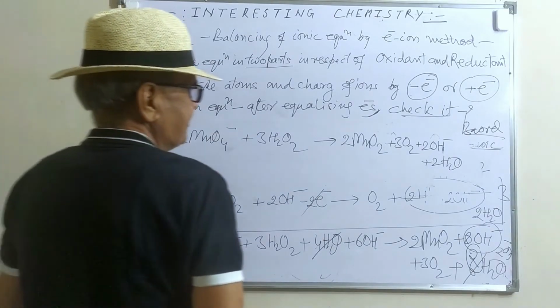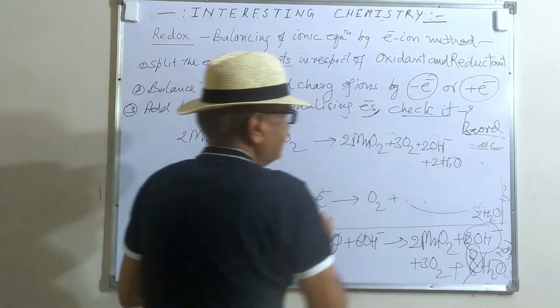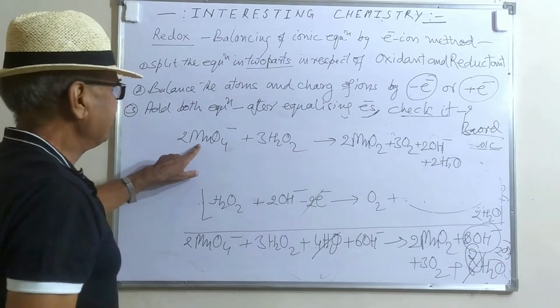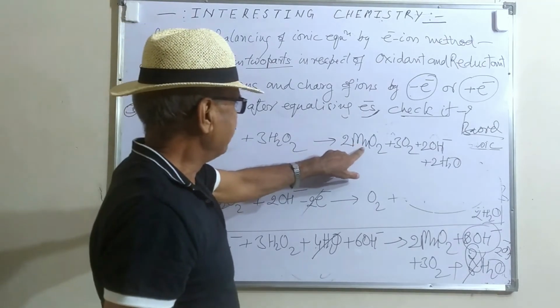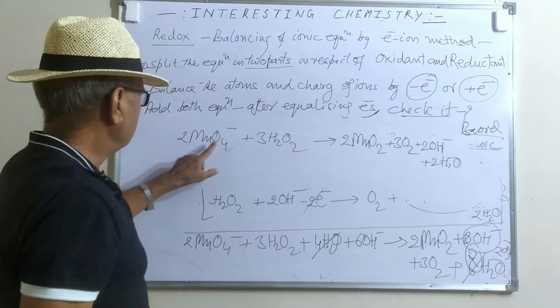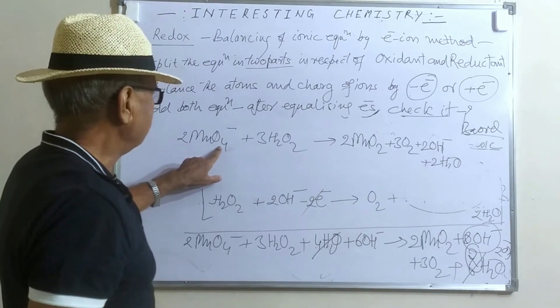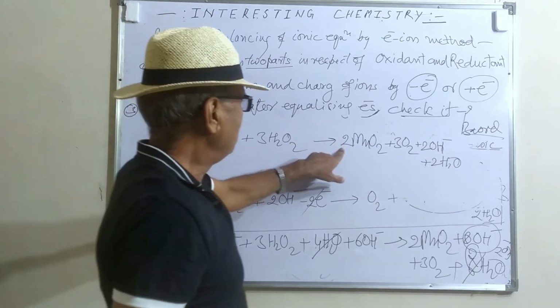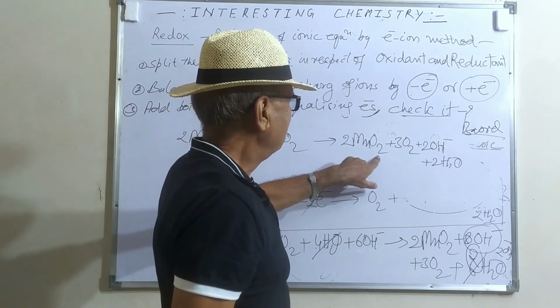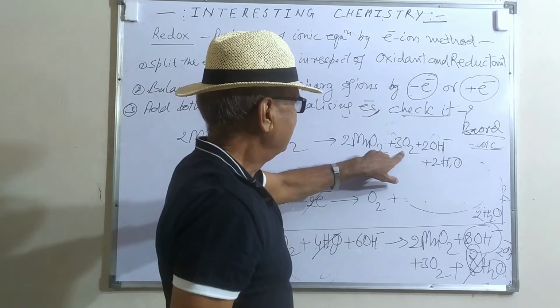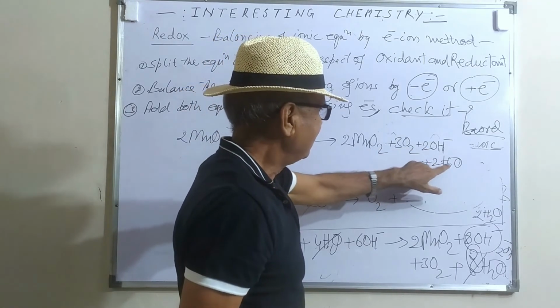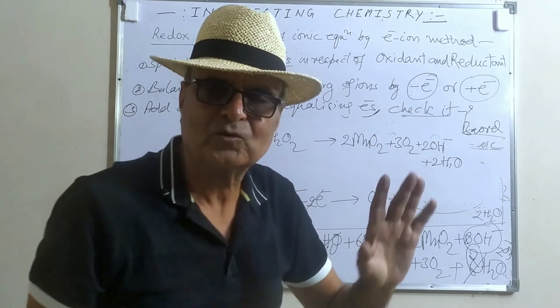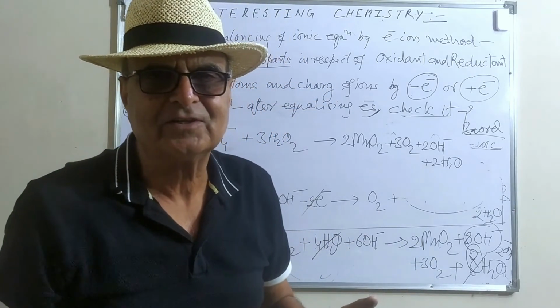Now check it. 2Mn, 2Mn. 2 into 4, 8 oxygen; 14 oxygen on the other side, 2 into 4, 10, 12 and 12, 14. So the oxygens are equalized.